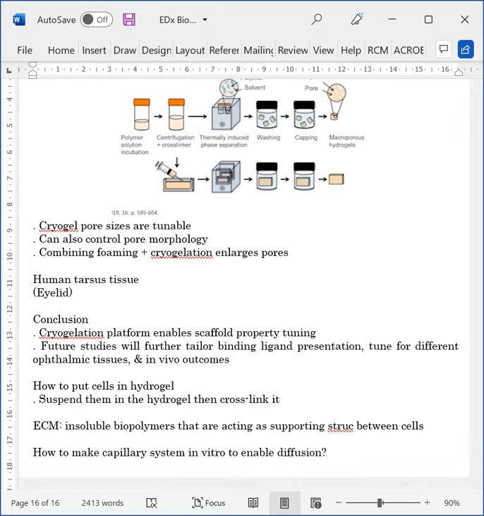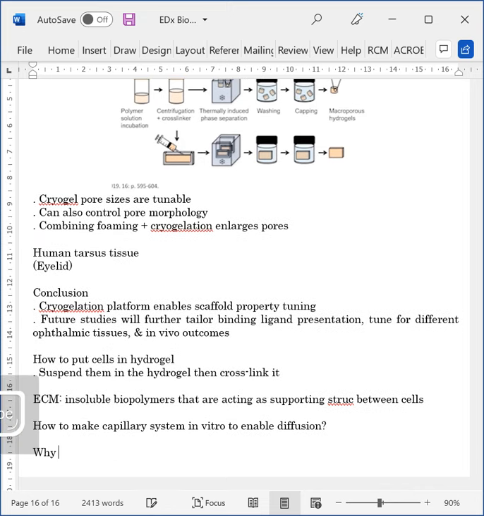Why are porous networks so important to 3D tissue culture? Do you remember what Paul said about oxygen diffusion?